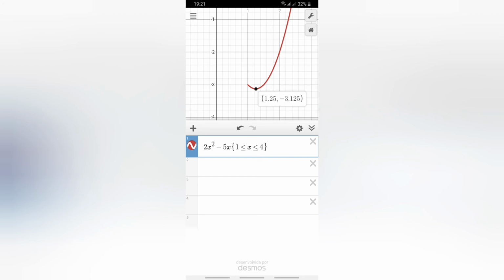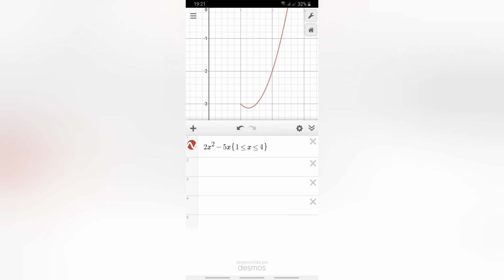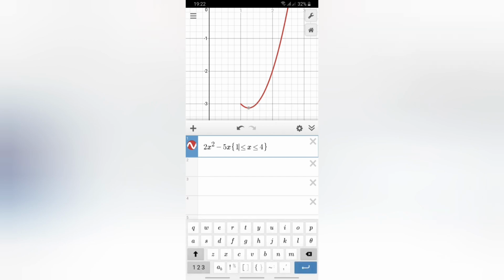But maybe if the function was for x bigger than 2, it wouldn't be in the vertex, right? Because the vertex is not included. It would have been over here, but so this is it. Okay, so you find the vertex, you find the values in 1 and 4, the limits of the values of x, limiting x.